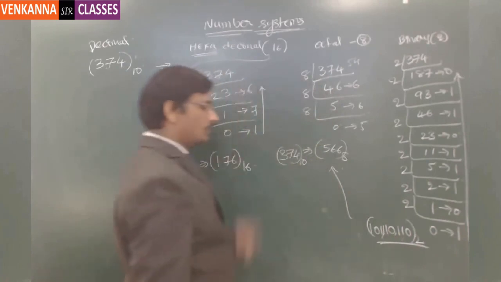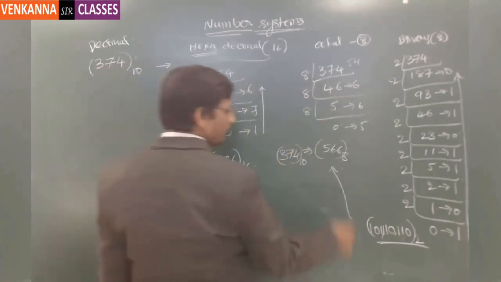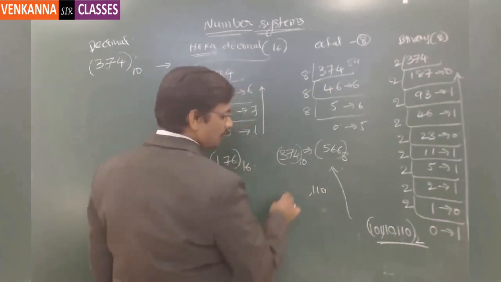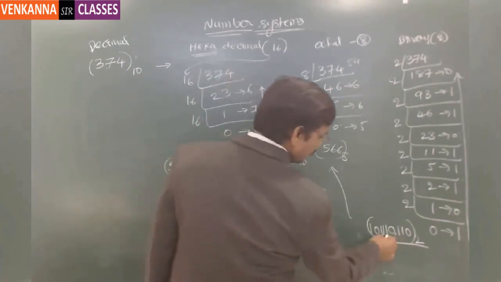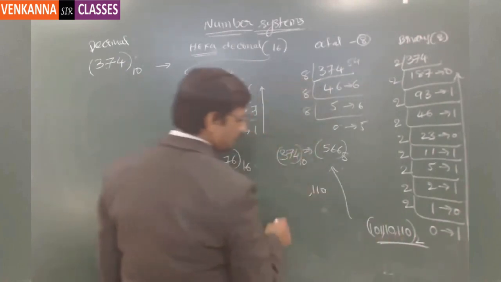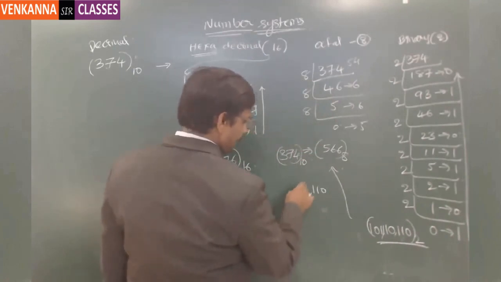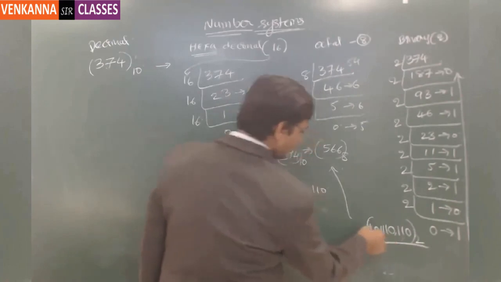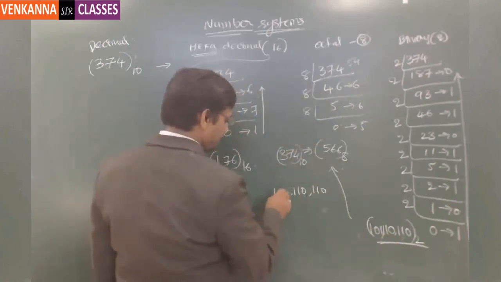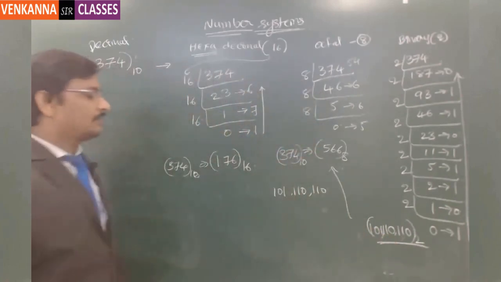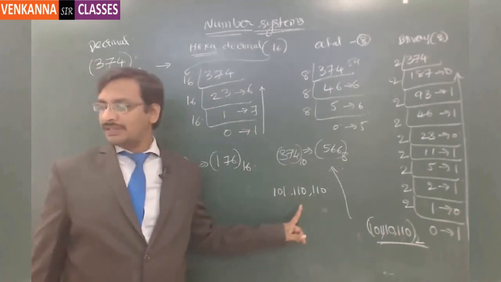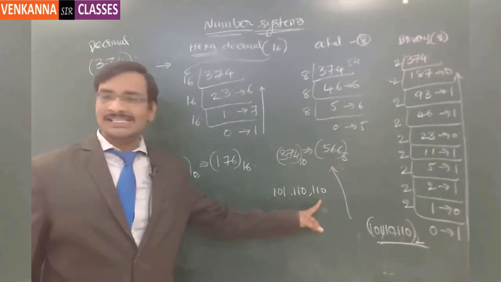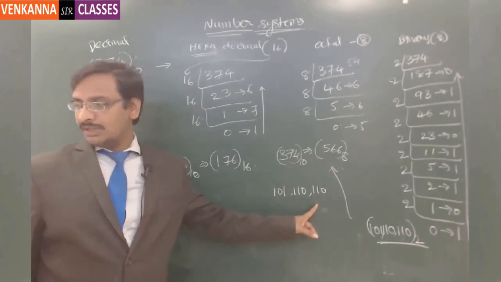Like this. If you put a comma there, 110, and then after a comma, again 110, and then after that 101. So if you separate with a comma after every 3 digits, then write the decimal equivalent of each group.